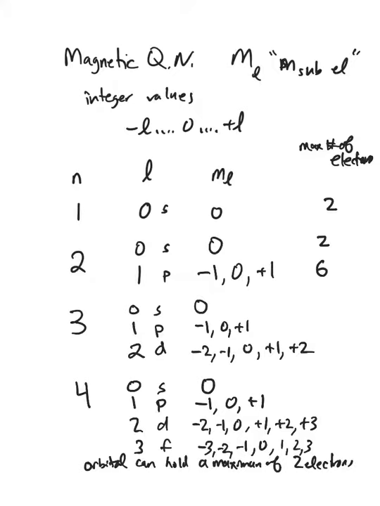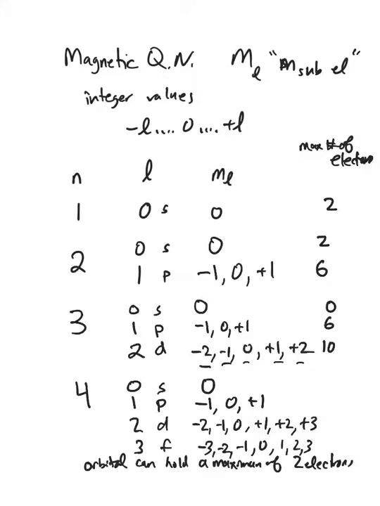So for n equals 3, 2 and 6, for L equals 0 and L equals 1 respectively, those are the maximum number of electrons. If L equals 2, we've got 1, 2, 3, 4, 5 orbitals. Each can hold 2 electrons, or a maximum of 10 electrons.